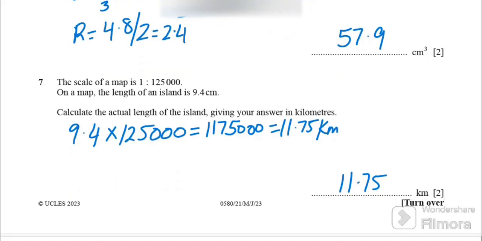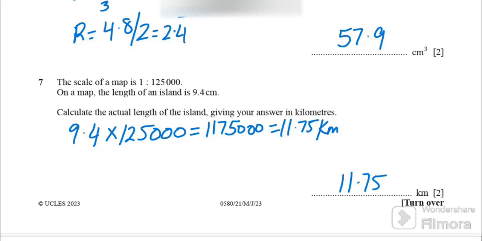Question 7 states the scale of a map is 1 to 125,000. On a map, the length of island is 9.4 centimeter. Calculate the actual length of the island, giving your answer in kilometers. So first, we will multiply 9.4 with 125,000, and that will be 1,175,000. Then we have to convert centimeter into meters, where 1 meter is 100 centimeters.